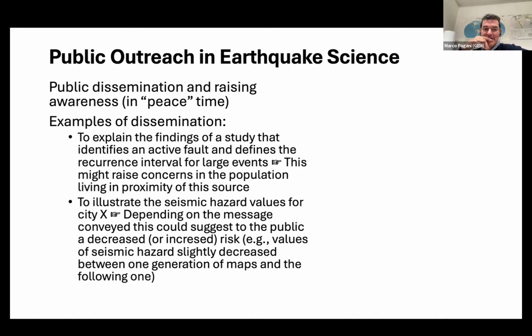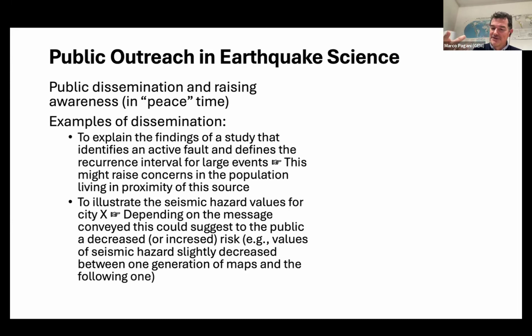Another example is to illustrate the hazard results in subsequent versions of a hazard or a risk model, because the way, again, in which you communicate that can be perceived in a very different way by the public. So, for example, if you say that the change is 10%, or you say that the change is a 50% increase, but if you start from a very, very small value of hazard, even a 50% is actually not a big hazard.